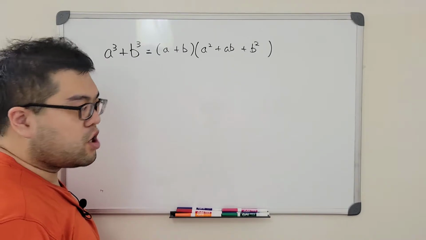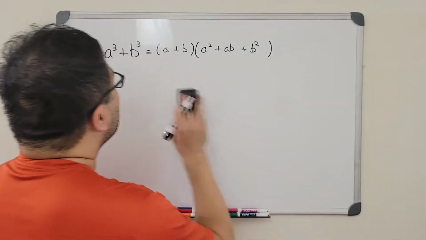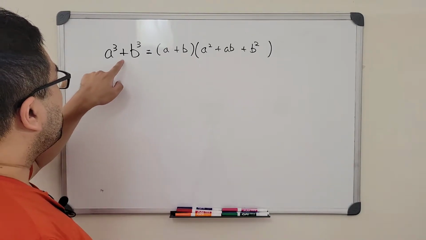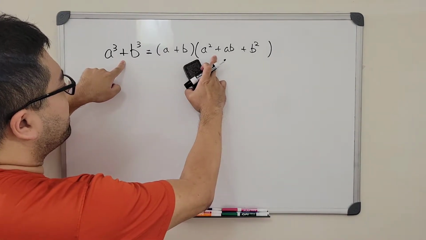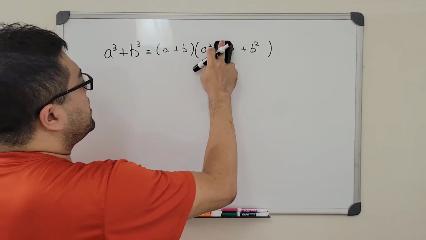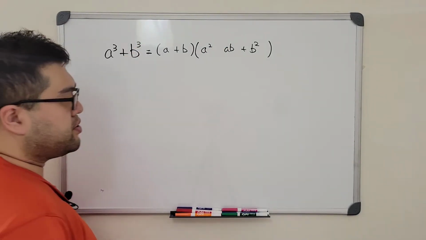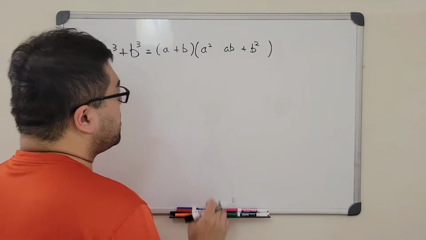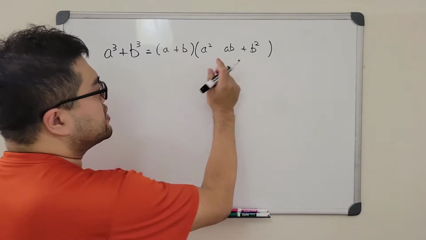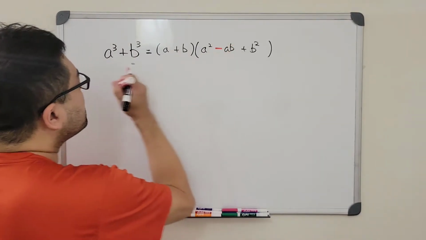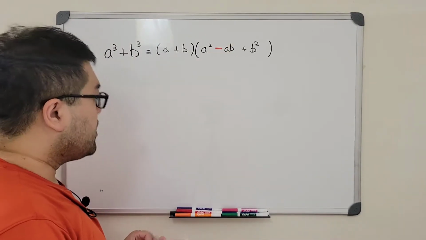Right? Now, keep in mind, when we have the products here, we have to change the sign for the ab term. Meaning, if we have the sum as our final result, then for the ab term, we have to subtract. Or, in other words, we need to flip the sign of it.